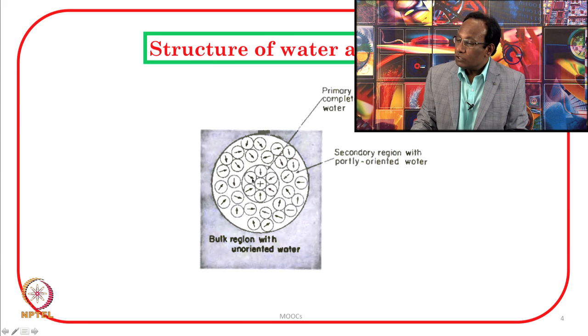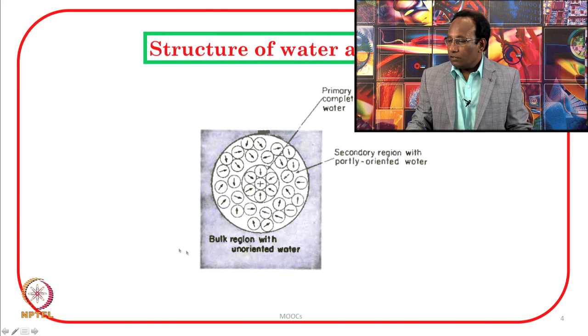And therefore, you see, their orientation is not exactly oxygen pointing out towards the central ion. However, they are in an intermediate orientation, and this is called the secondary region with partly oriented water. The primary region is with completely oriented water, the secondary region is with partly oriented water, and the rest of the water is bulk water.